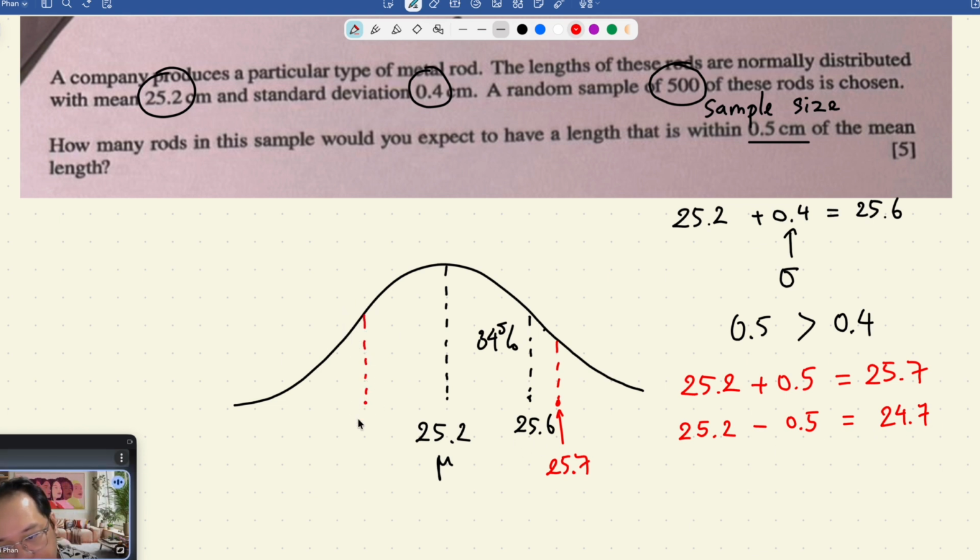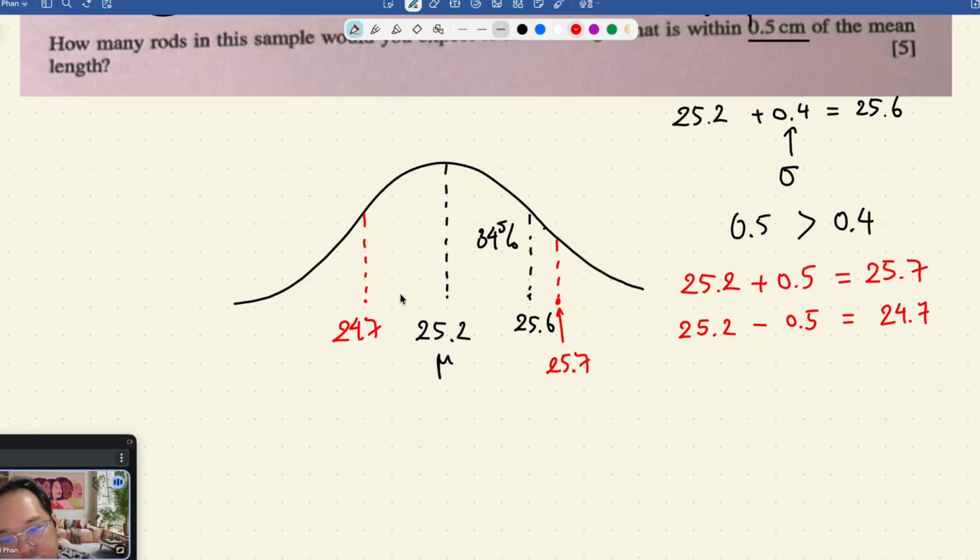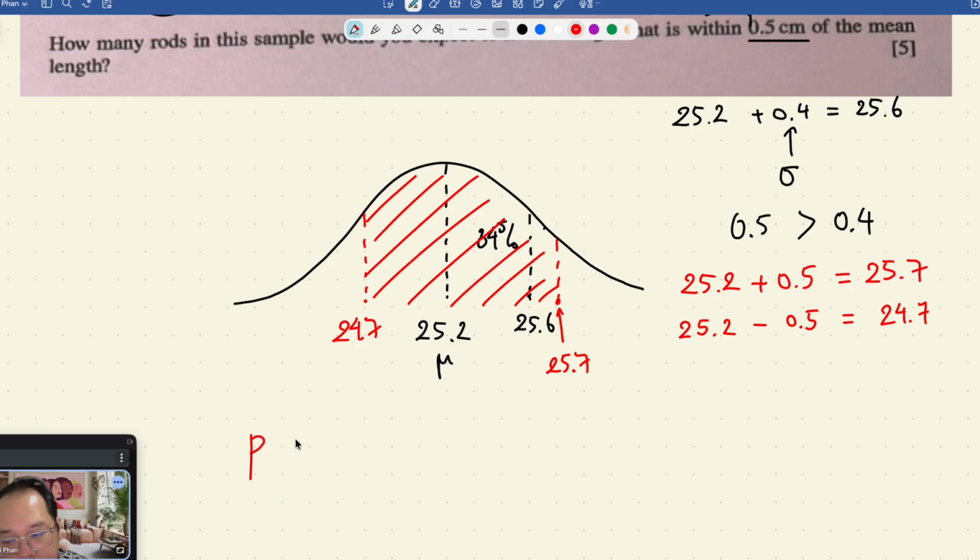This position is 24.7, so you need to calculate the probability that the rod is within this region. Calculate the probability that the length of the rod, this letter represents the length, is smaller than 25.7 and greater than 24.7. Within this range.